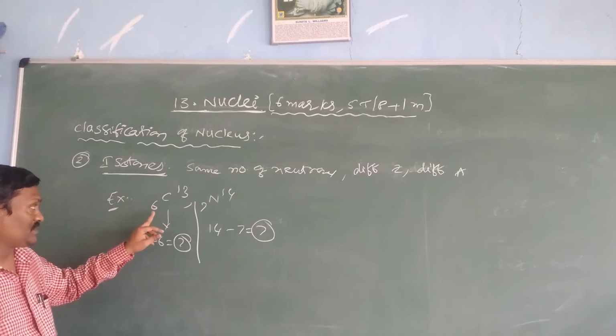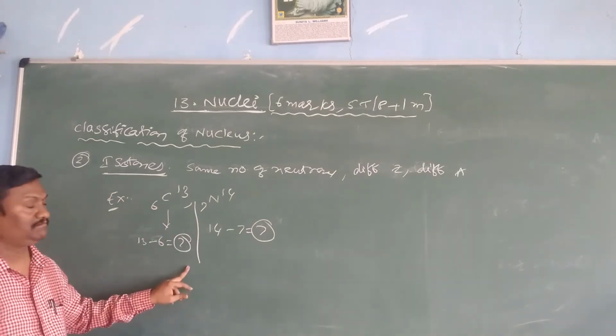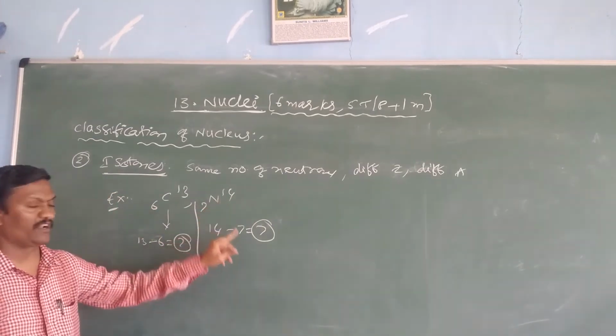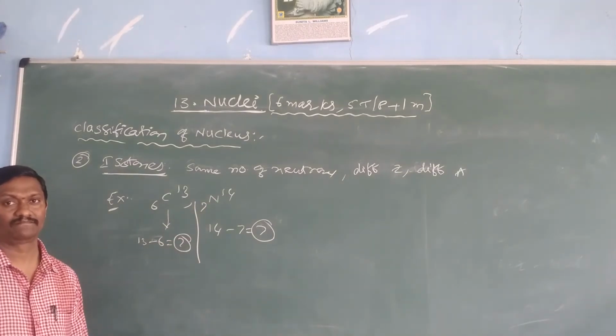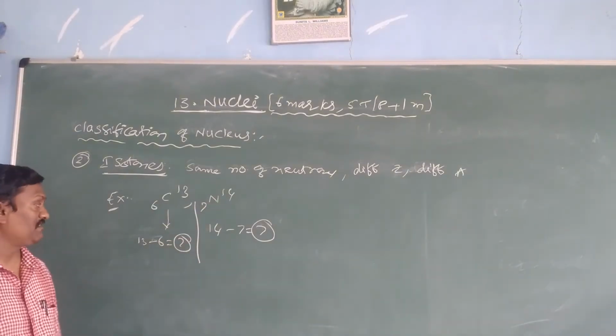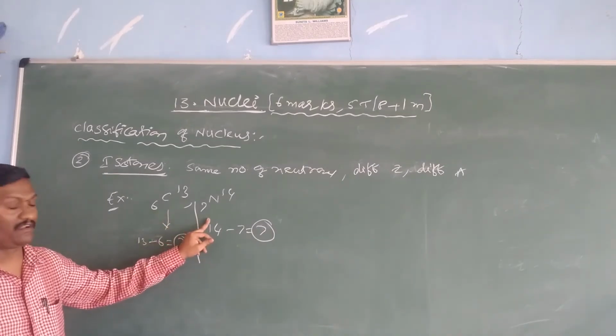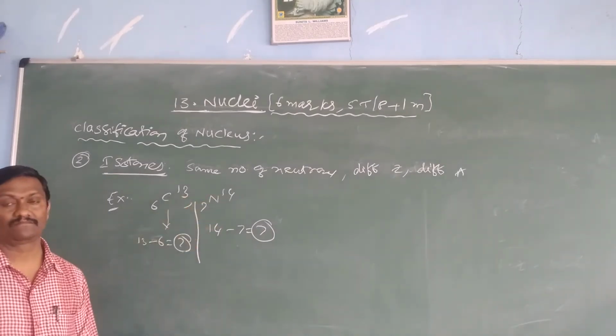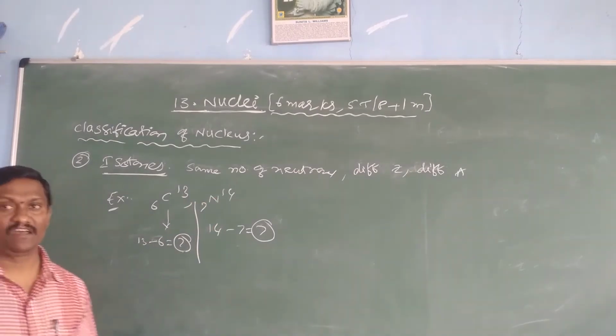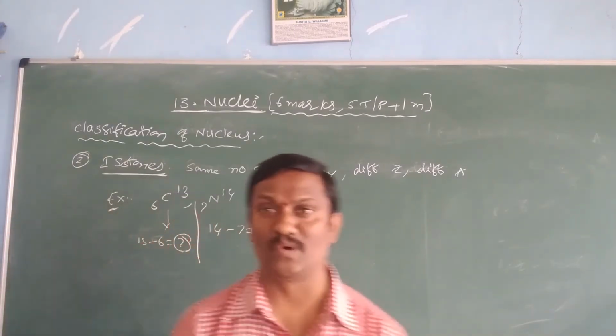In carbon 6,13 the number of neutrons is 7, and in nitrogen 7,14 it is also 7. So nuclei having the same number of neutrons but different atomic number and different mass number are called isotones.